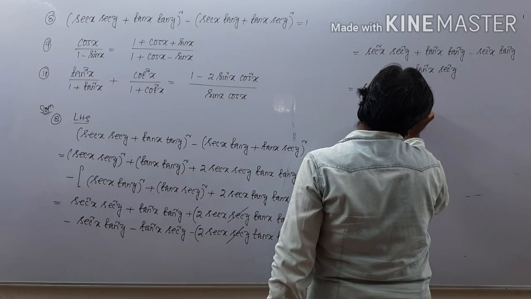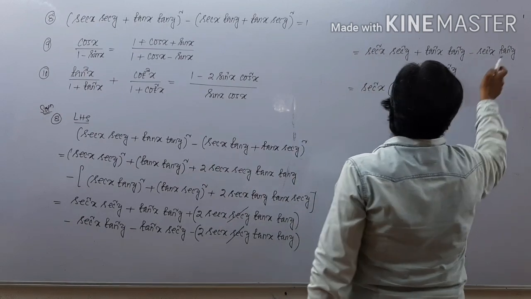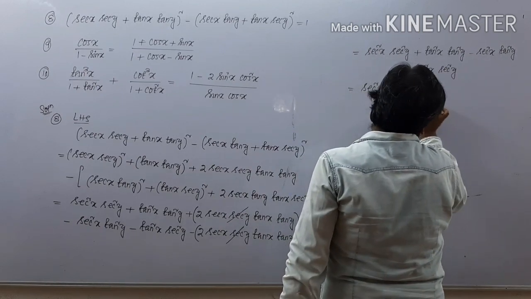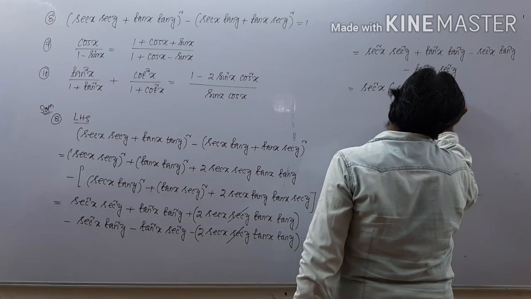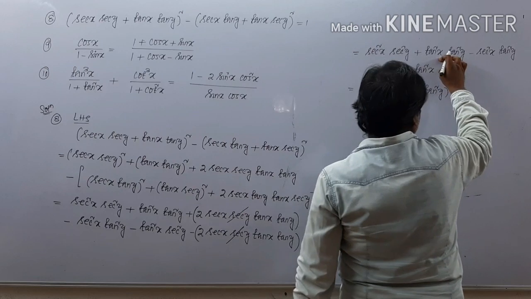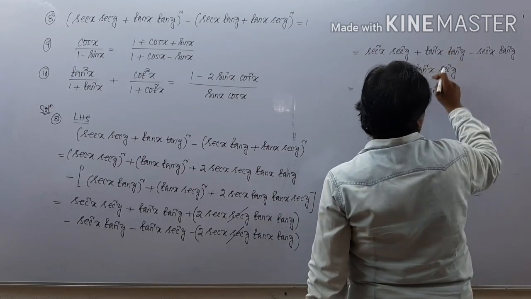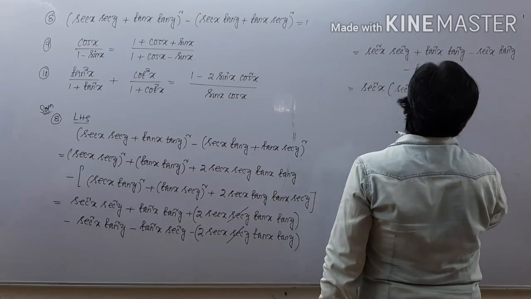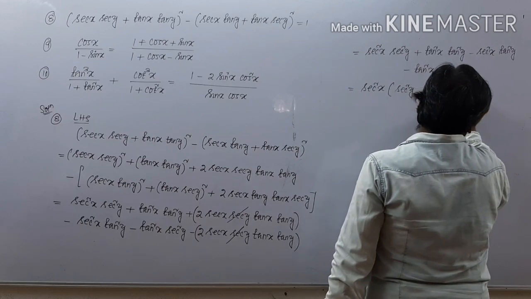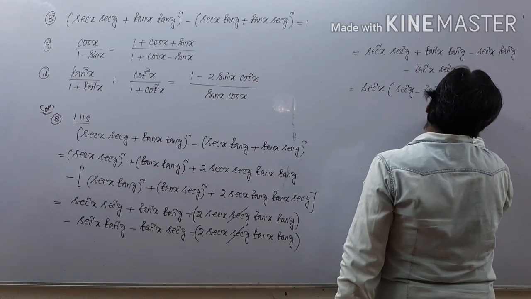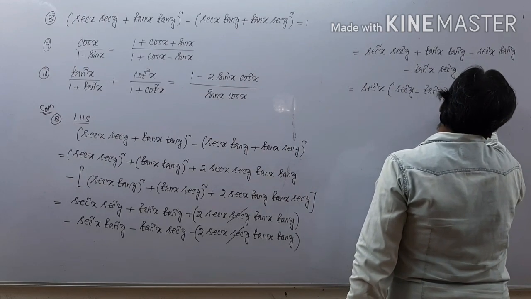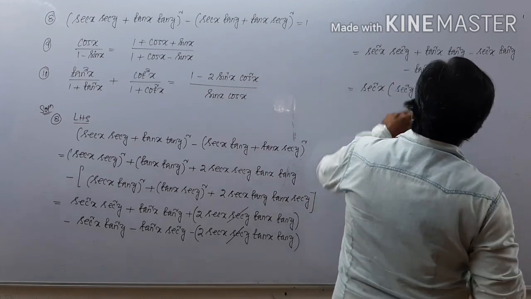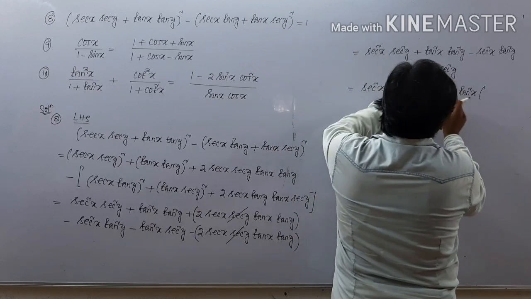Sec square y, and in this particular term tan square y will be remaining, right? Similarly, from the second term and the fourth term, I will take minus tan square x as common. That means I have taken minus tan square x common.